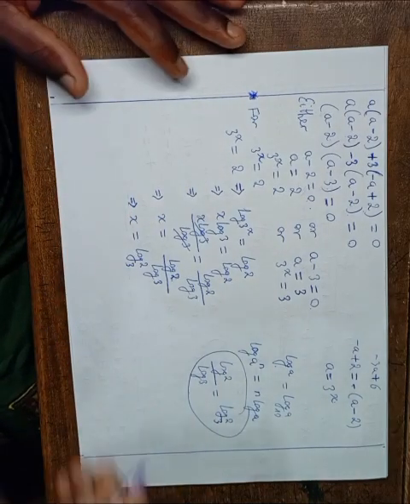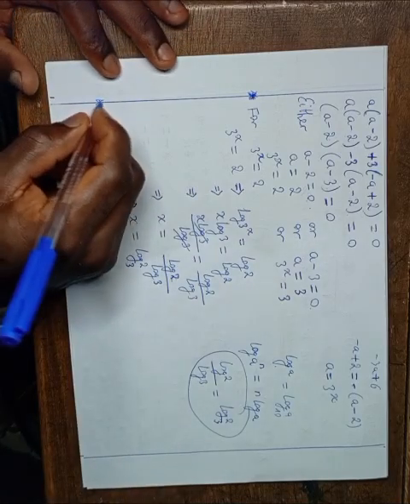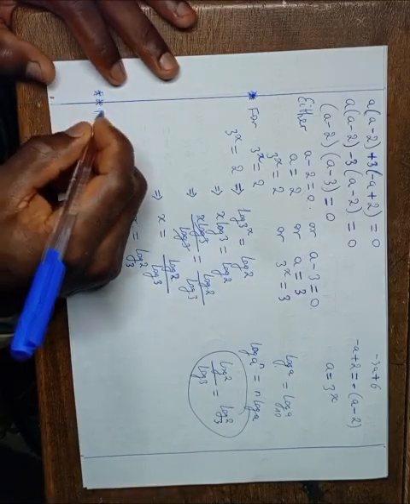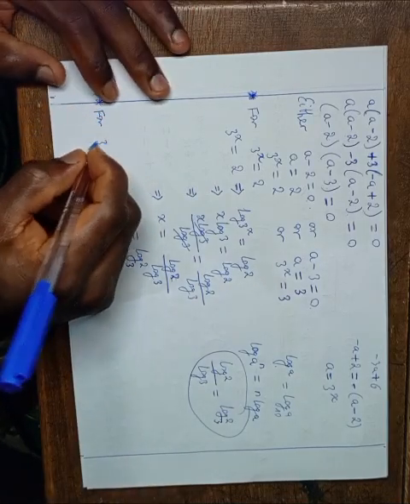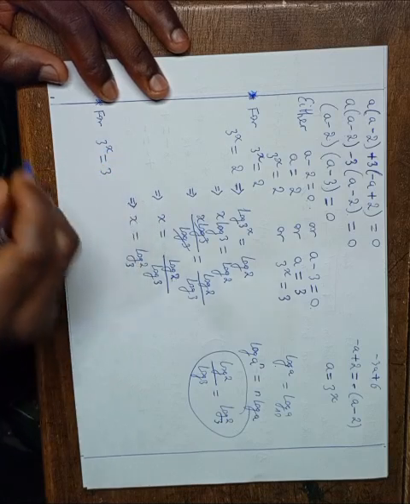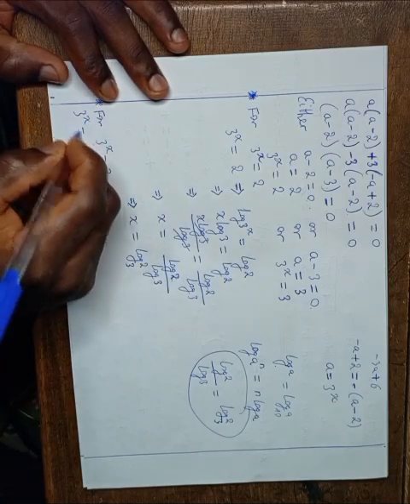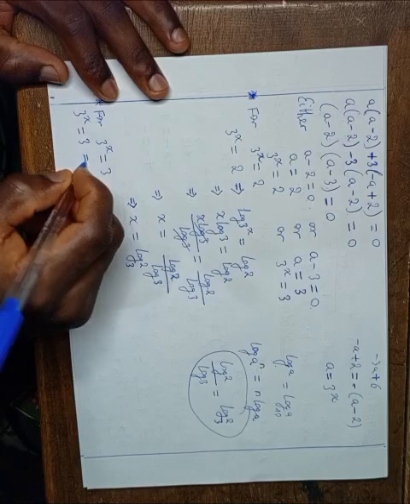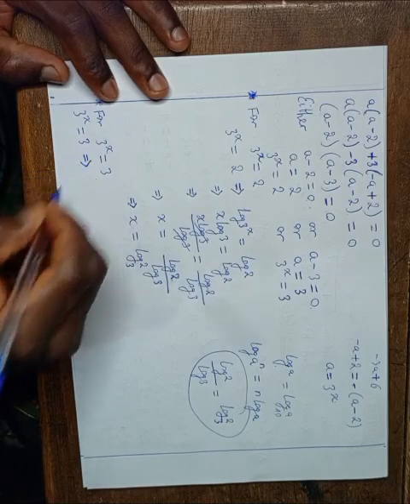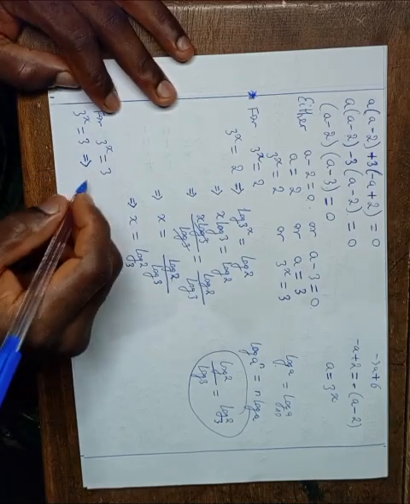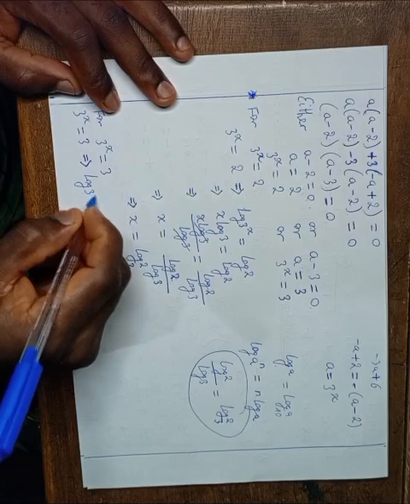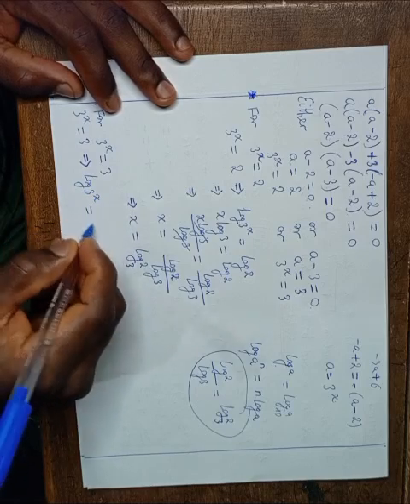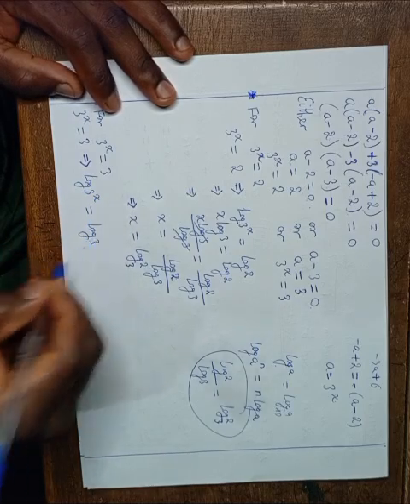Now we need to get the second value of x. I'll take the second factor, 3 raised to the power x equal to 3. This will simply imply that if we take log to the base 10 on both sides, log of 3 raised to the power x, base 10, is equal to log 3.